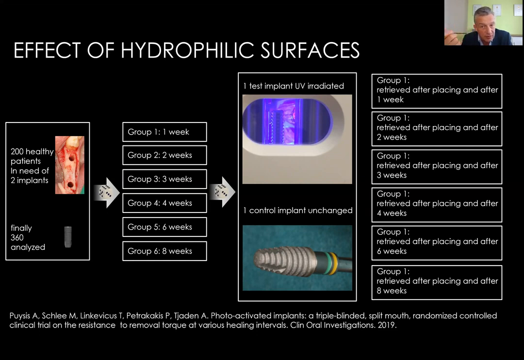Then we replaced the implant, and we removed it in group 1 after 1 week, in group 2 after 2 weeks, group 3 after 3 weeks, 4 weeks, 6 weeks, and 8 weeks. We stopped at 80 Newton centimeters, of course, not to damage the implants. And in groups 5 and 6, of course, we were not able to remove all the implants because they were osseointegrated, and we couldn't remove them with 80 Newton centimeters.